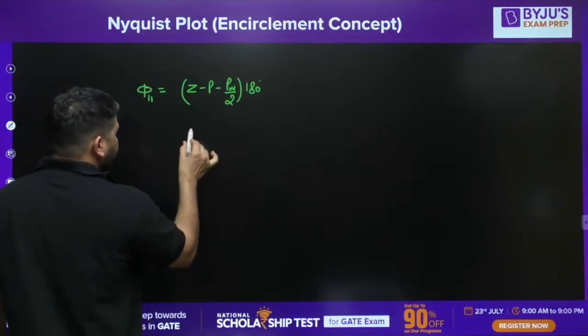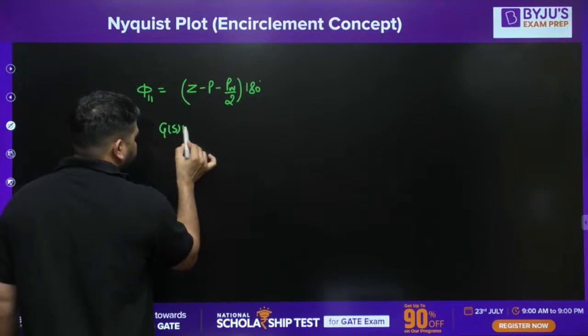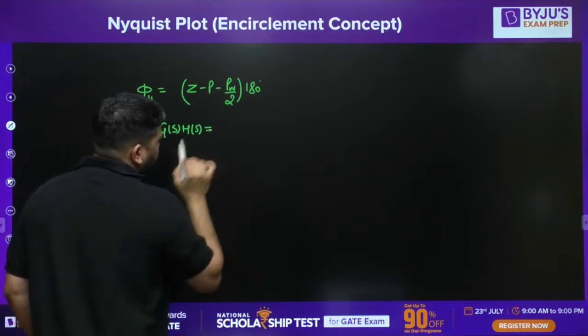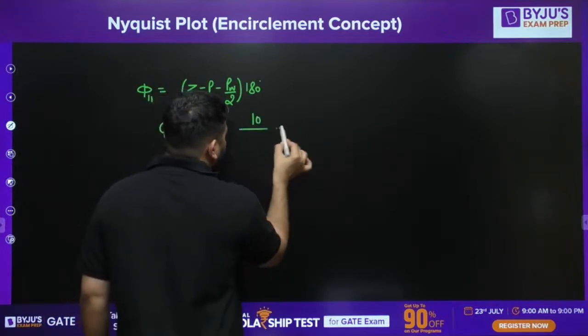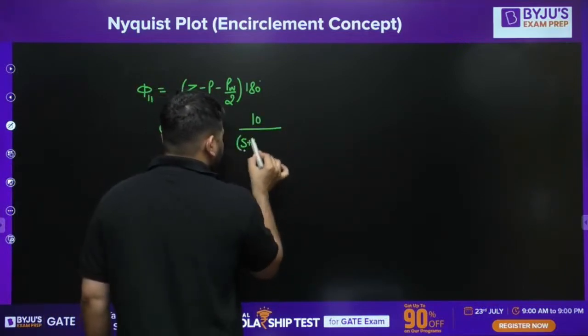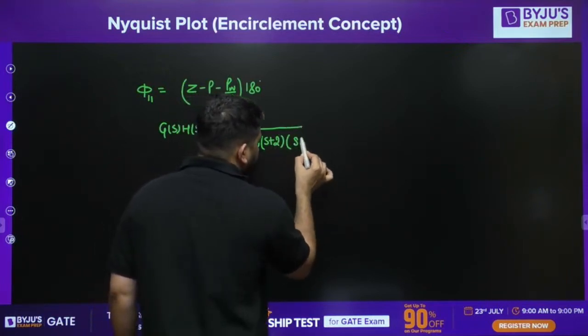Let's say some G(s)H(s) is provided to you, and that G(s)H(s) is maybe 10 divided by (s plus 1)(s plus 2)(s plus 5).